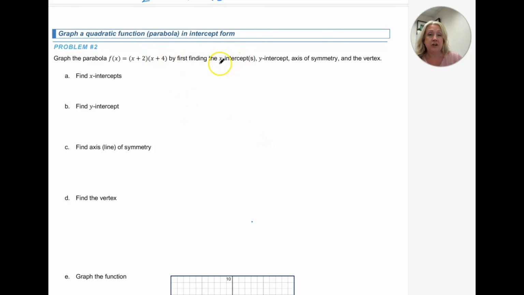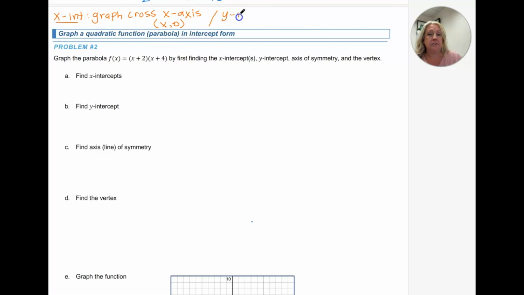So remember, let's start off talking about x-intercepts. I want to make sure that you remember an x-intercept is where the graph crosses the x-axis, and they look like x comma 0. So whatever our x-intercept is, comma 0 is the point that is our x-intercept.